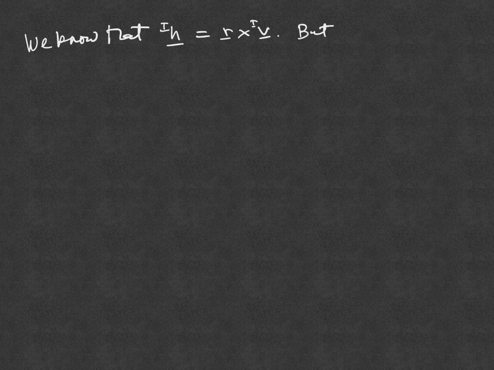So we know that HI equals r crossed with VI. But r and VI together form a plane.